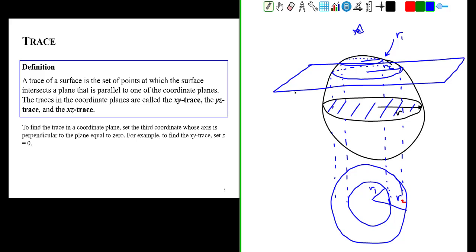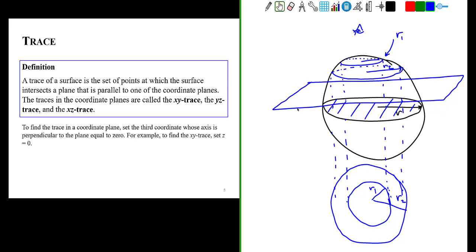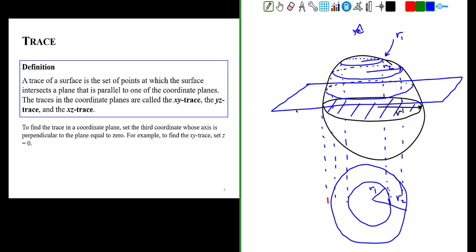Now you can imagine if we took our plane to a different height, let's say right here. At that height, our plane slices through the sphere, producing a different circle as we look down from the top of the sphere. I'll say this is a circle of radius R3.